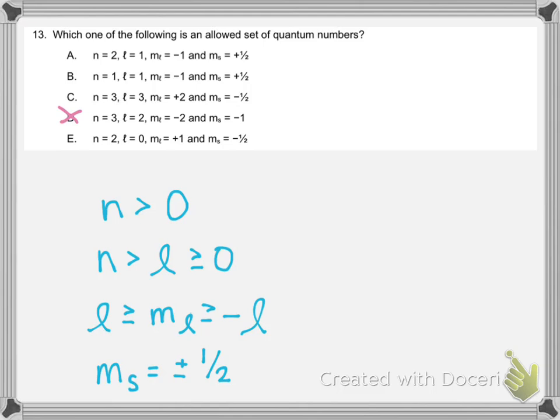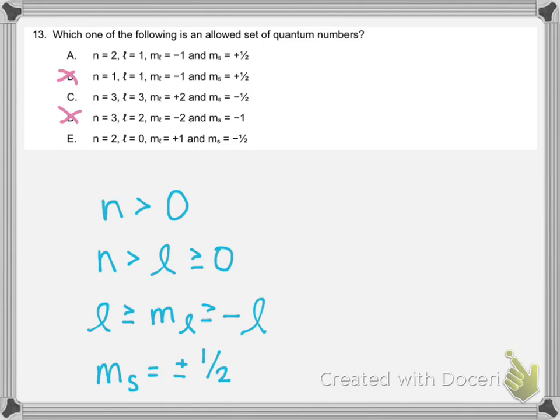And so then, if we look at A, we have n greater than 0, L is less than n, m sub L is equal to negative L, which is fine, and m sub S is plus 1/2. So A seems like a good choice. But let's go ahead and look at the other ones, make sure there's something wrong with each of those. So in B, n is greater than 0, but then we can see that we have L equal to n, and that is not possible.